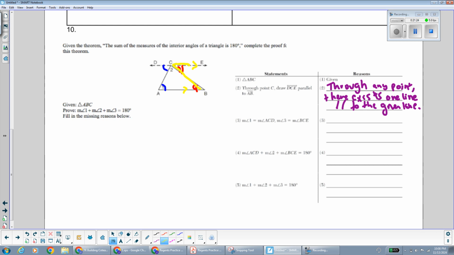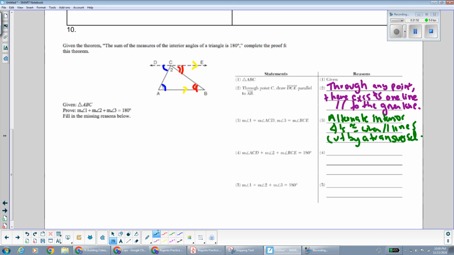That is another pair of alternate interior angles. Alternate interior angles are congruent when parallel lines are cut by a transversal.